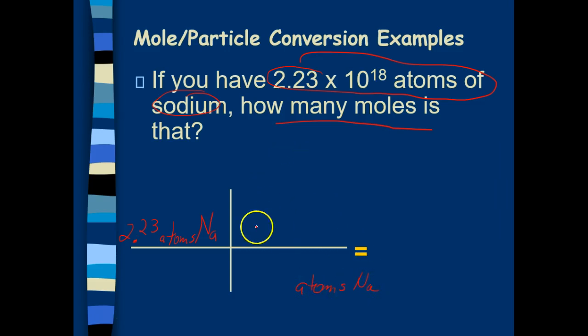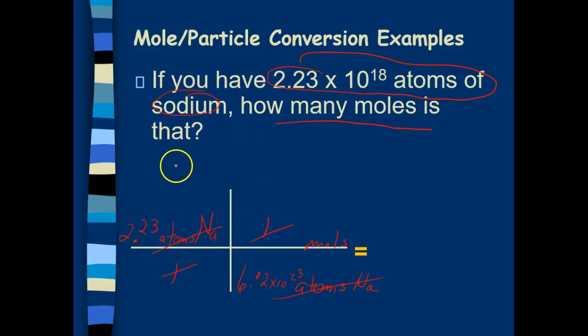Then you put what you're looking for, which would be moles. Go to your little diagram, and you'll see that there's 1 mole over 6.02 times 10 to the 23rd. Put a 1 here. Get rid of your 1s. Play Harry Potter.